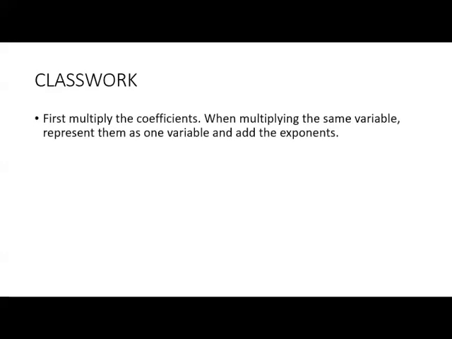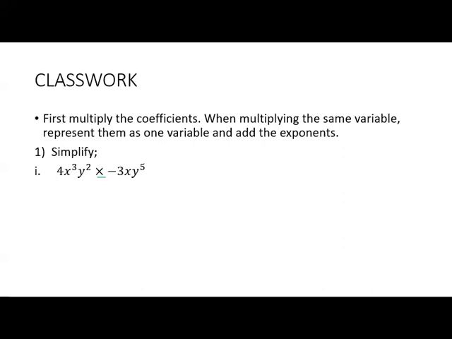Remember the rule. First multiply the coefficients. When multiplying the same variable, represent them as one variable and then add the exponent. Try this one out. What do we get? 4 times -3 will give you -12. Remember, we're multiplying here.